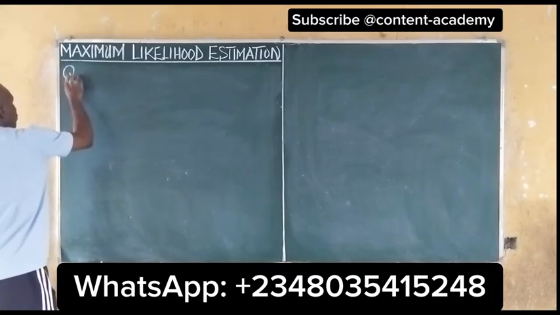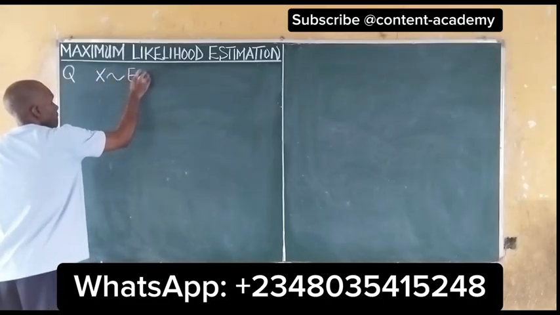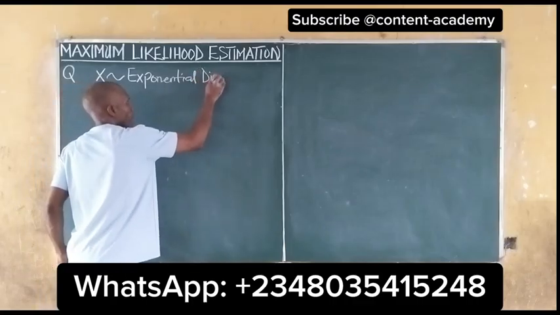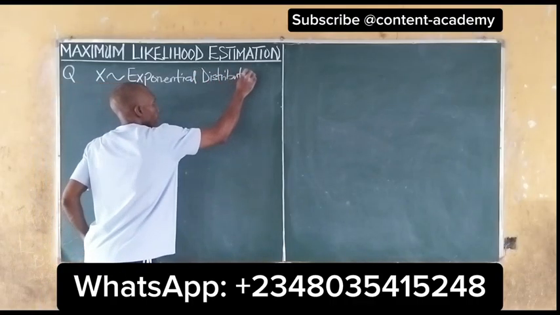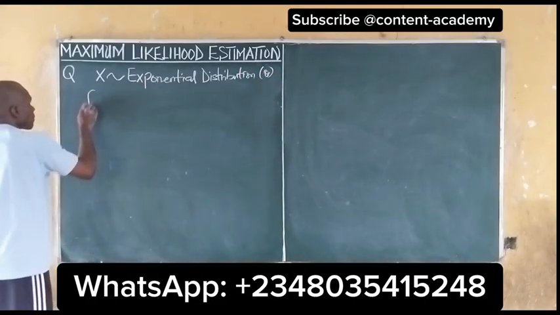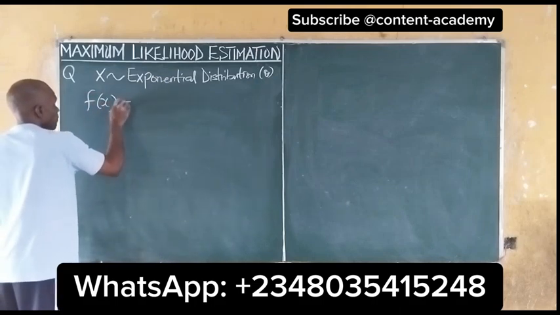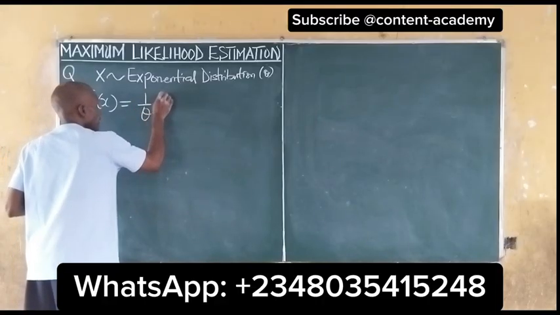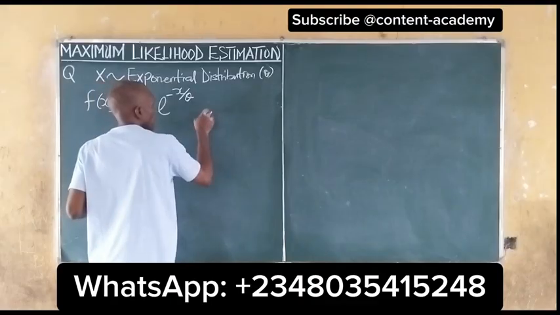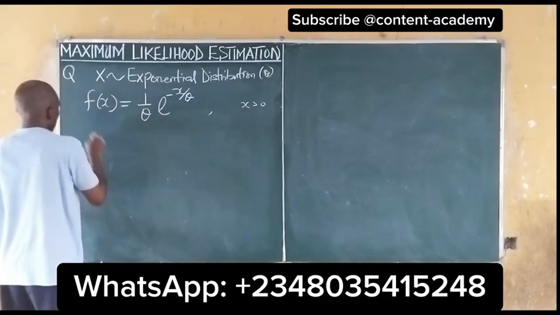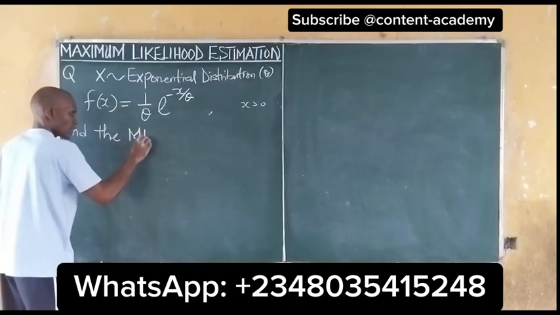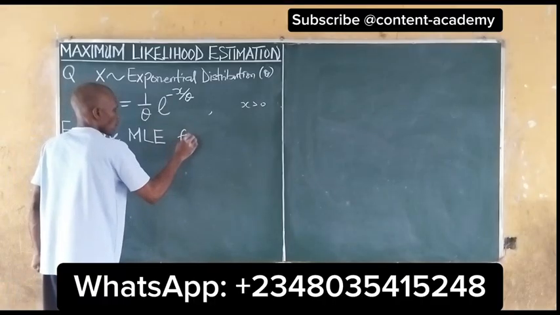Now, if this is our question, if x follows an exponential distribution with parameter theta, given the PDF, if our PDF is given as 1 all over theta exponential negative x all over theta, as x is greater than 0, find the maximum likelihood estimator for theta.